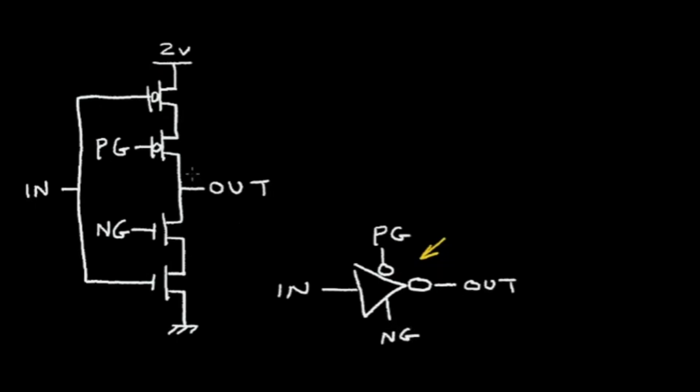Now let's consider again the operation. If our switch circuit is closed, if this transistor is on, which means its corresponding gate is at a high voltage, this N FET is in the on condition.